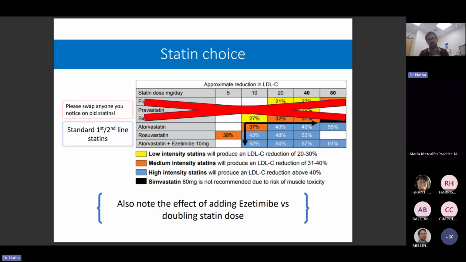Doubling up the dose of the statin will get you potentially an incremental change of 5 to 7, maybe a maximum of 7 or 9%. Whereas if you look at the equivalent dosing between atorvastatin and atorvastatin plus ezetimibe, you're getting near on 10% flat as your basis by adding in ezetimibe, especially at the lower doses.